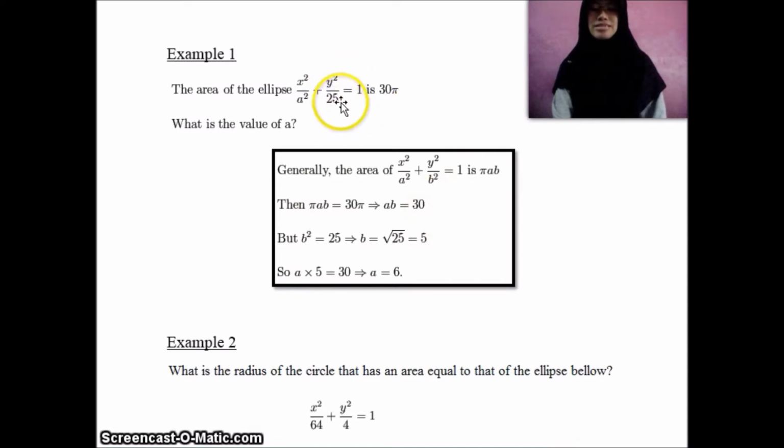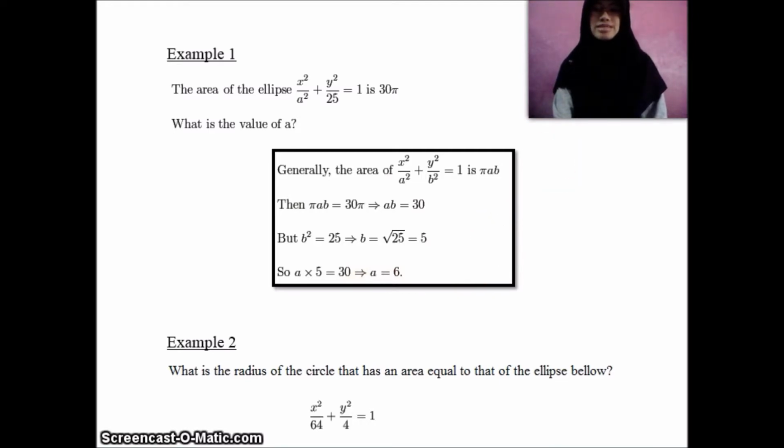From the question, we know that y squared over b squared, so 25 is the b squared. To find b, we square root the 25 and get 5 equal to b. So let's insert the b here. We get a times 5 is equal to 30, and the answer a is equal to 6.